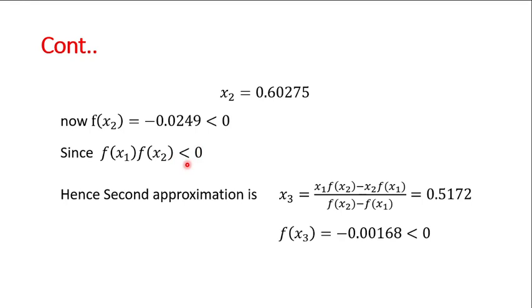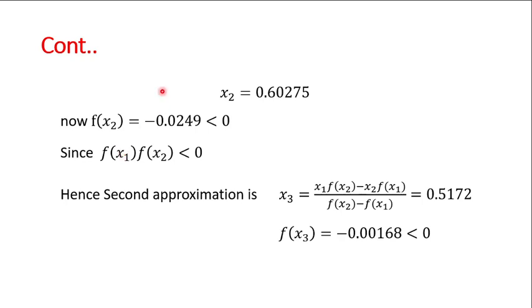Therefore, the root lies between x1 and x2. The next approximation x3 can be written as x1 into f of x2 minus x2 into f of x1 divided by f of x2 minus f of x1. Substitute the values of x1, f of x2 and x2, f of x1, we get the value 0.5172.